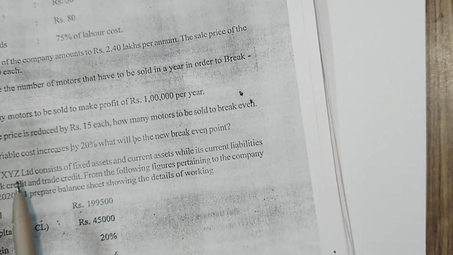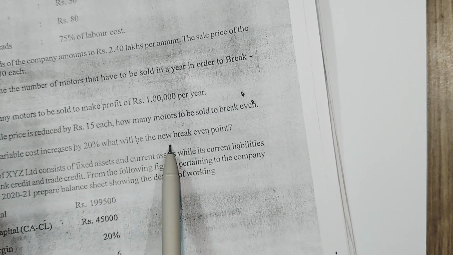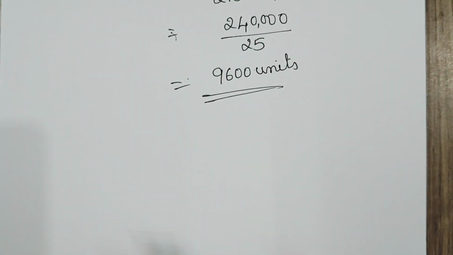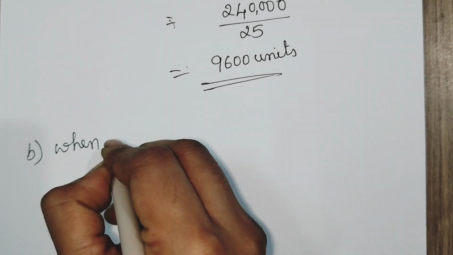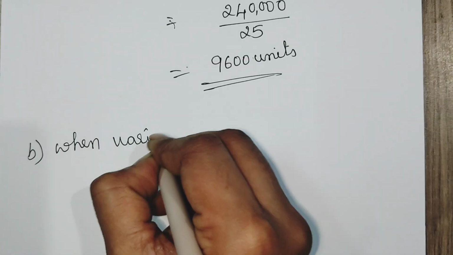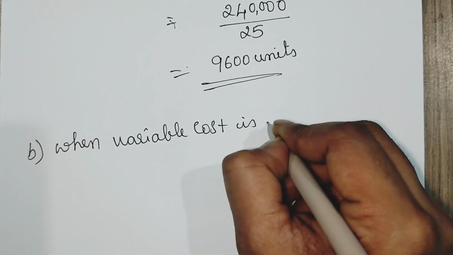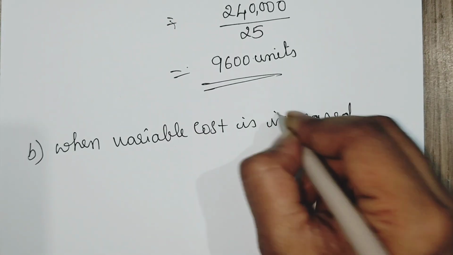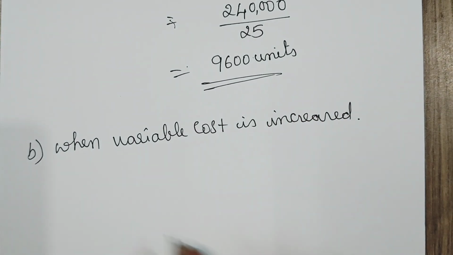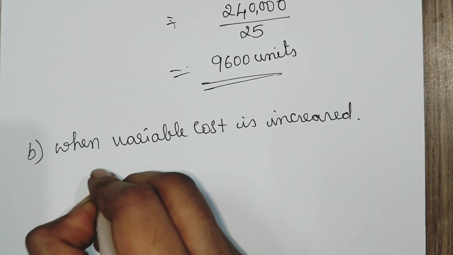Then the last question: if the variable cost is increased by 20%, what will be the new break-even point? Now, first you have to find out the new variable cost.